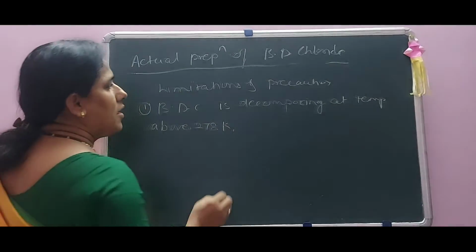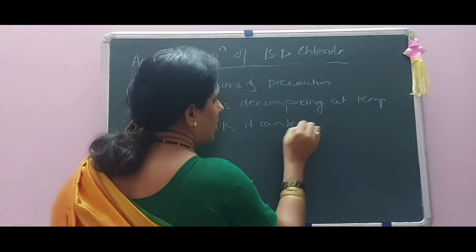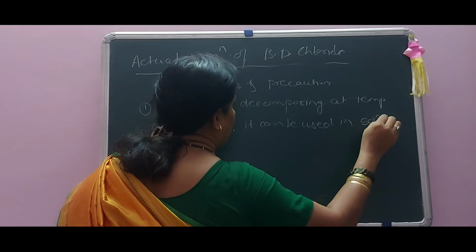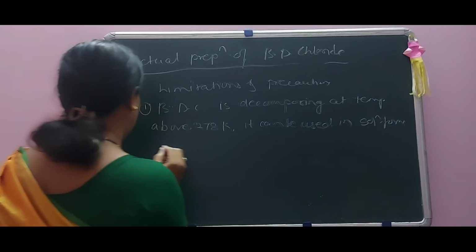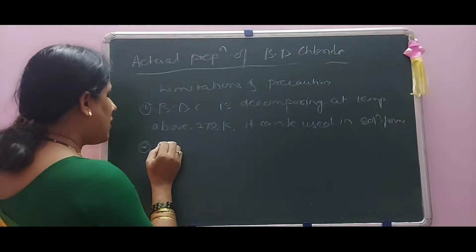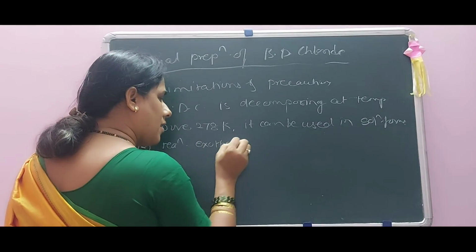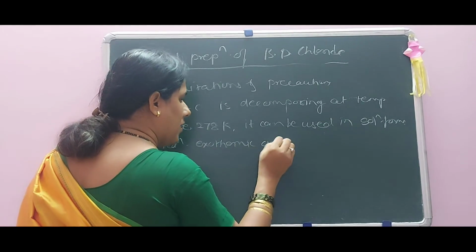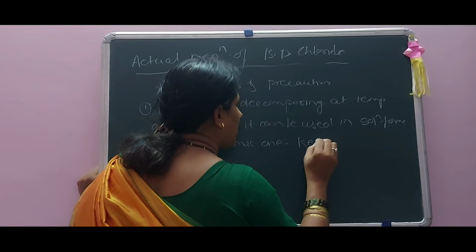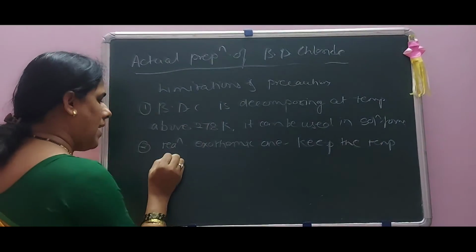Therefore, it can always be used in solution form. As the formation of benzene diazonium chloride is an exothermic reaction, keep the temperature as low as possible.